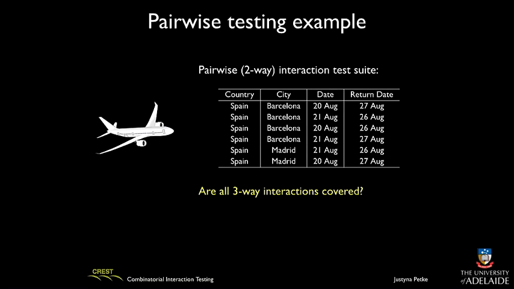The question now is, does that happen to cover all three-way interactions as well? So not just pairs, but threes. And you've already identified it, yes. So, for example, what was missing? Madrid with the 20th and the diagonal 26th. Yes. What can we do about this? How can we fix this table? How can we cover that feature as well?